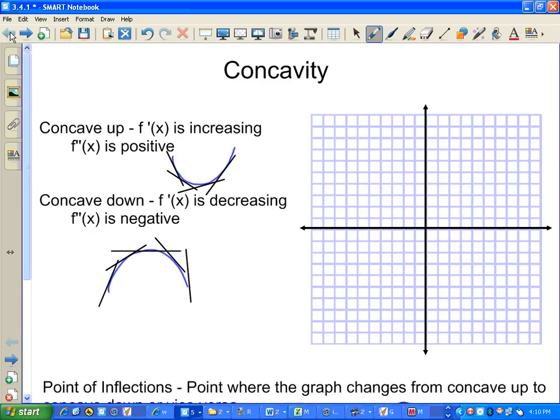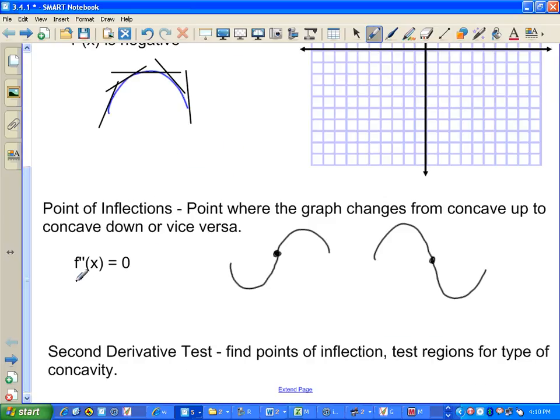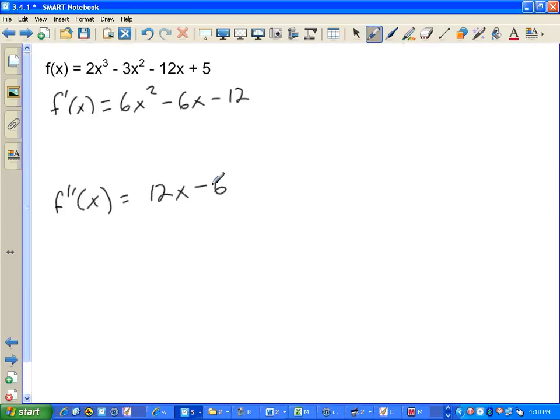I also want to mention that points of inflection are also where this is undefined, just like the first derivative. So I need to look where this is either 0 or undefined. I'm not dividing by x, so I won't have any undefined values. I just need to find where this equals 0.